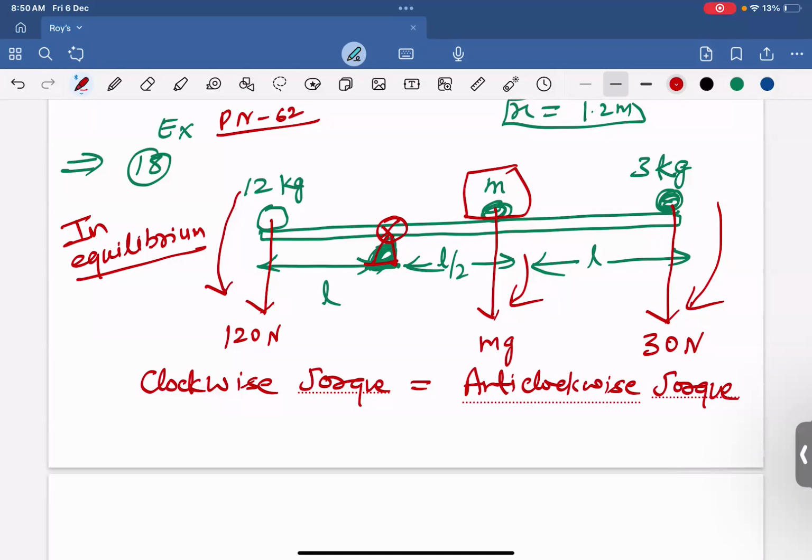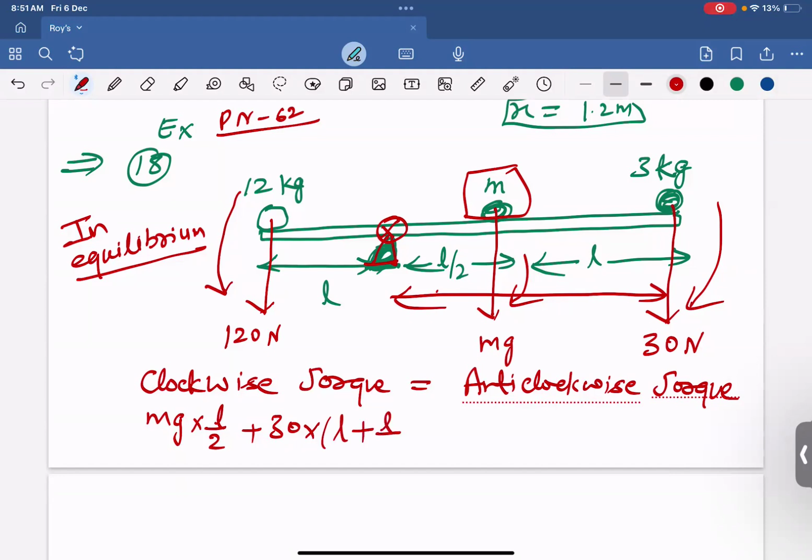So I have to find the clockwise torques. First, Mg: force is Mg and distance is L by 2, so this is Mg multiplied by L by 2. Angle is 90 only. And one more clockwise is 30 into L. This is 30, and the distance from the axis is not L. I have to take the complete distance here, so it becomes L plus L by 2.